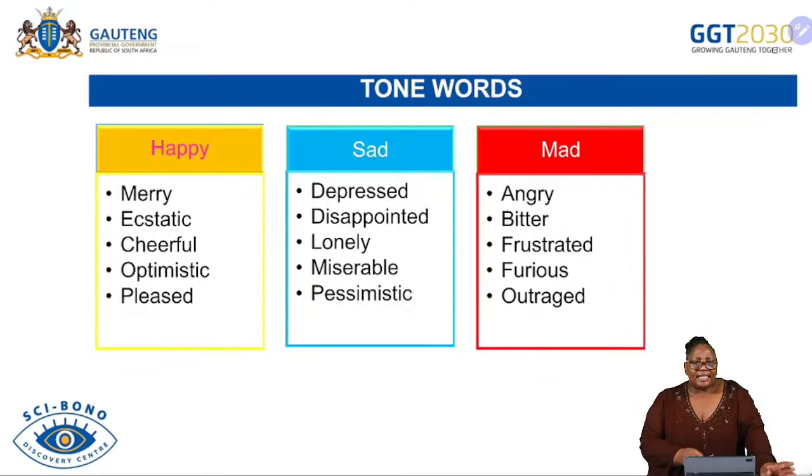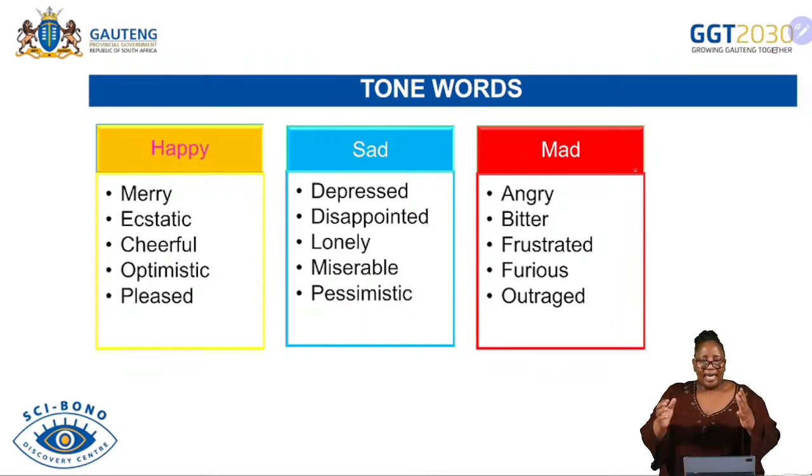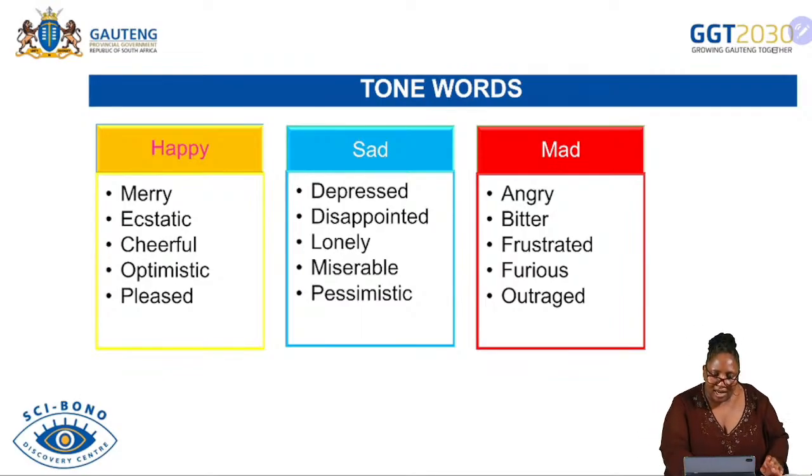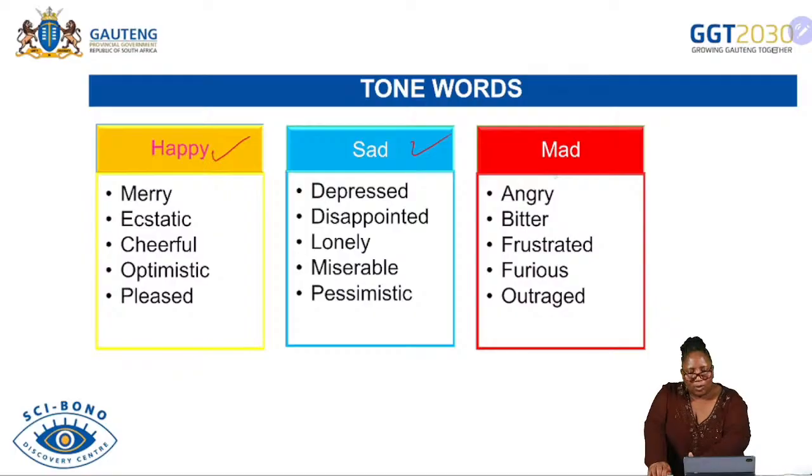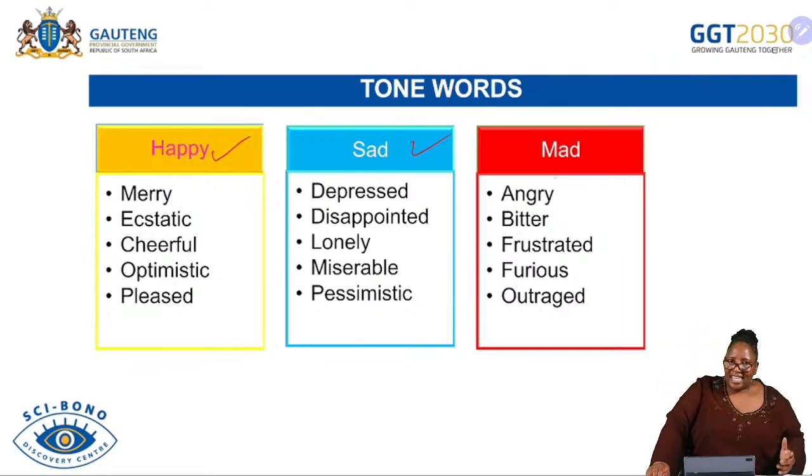Let's look at the usual tone words that we use. We are happy. That's what we are all the time. Or we are sad. Or we are mad about something. In the process of your study in 2022, can you start now learning new words, enriching yourself, having strong vocabulary?